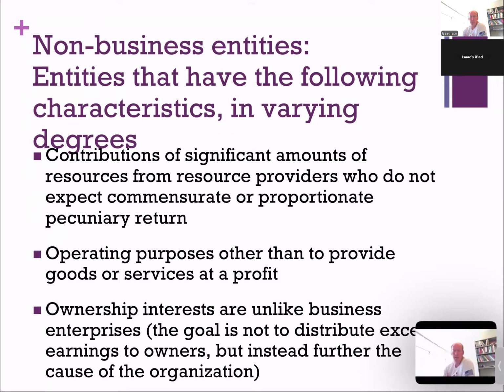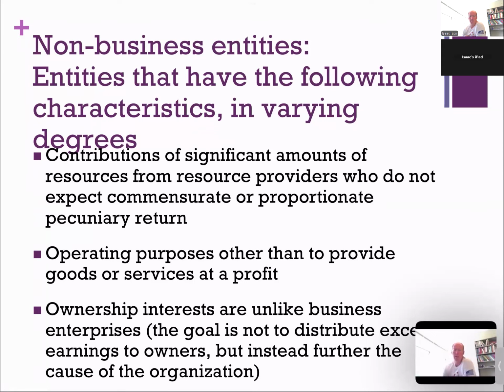Second, operating purposes other than to provide goods or services at a profit. That's pretty self-explanatory, and kind of means the same thing as the first bullet point. To some extent, they're just not necessarily trying to generate a profit. And the last bullet point: owners' interests are unlike business enterprises.